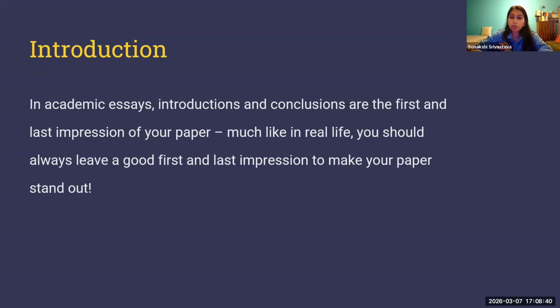If you approach an academic paper, or look at a book or any text for that matter, and you are not taken in by the introduction, the chances are rare that you give it another go or a second chance. So, do think of your introduction as the first way through which you make an impression on your potential audience.